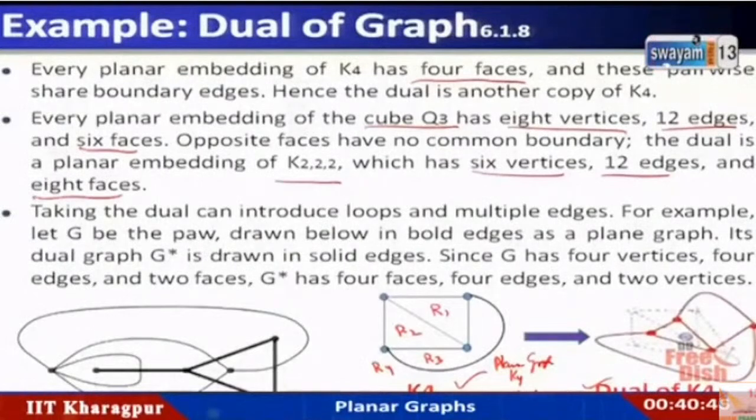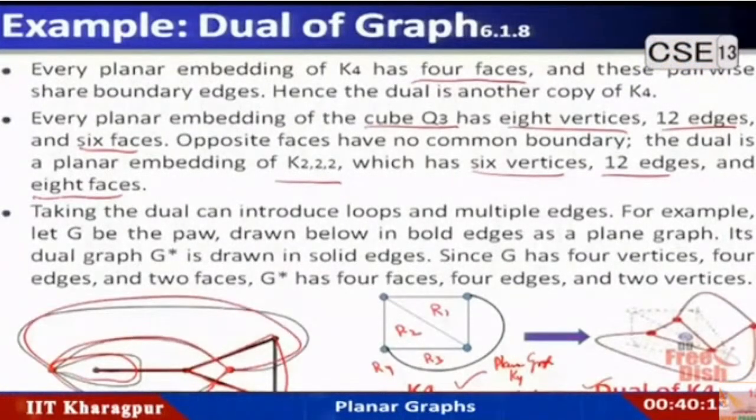Taking the dual can introduce the loops and multiple edges that we have seen. So if we draw a paw graph, shown by the bold lines, here it has 2 faces, 2 regions, so 2 vertices will be there in the dual graph, and for every edge there will be an edge in the dual graph.